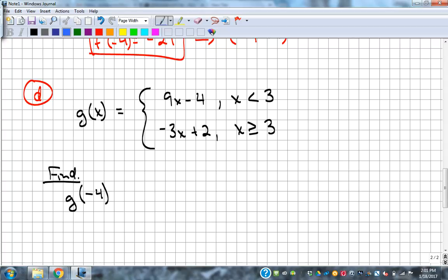Kind of the tricky part here is, where does it go? Where does -4 fit? In the first piece or the second piece? And why does it fit in that one? It can't go in both of them, because that would be two different x values.